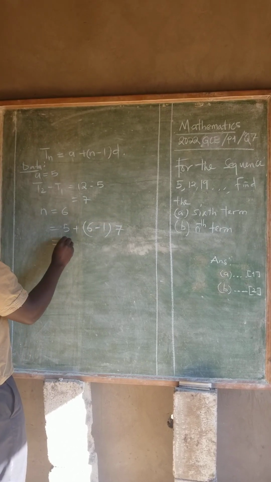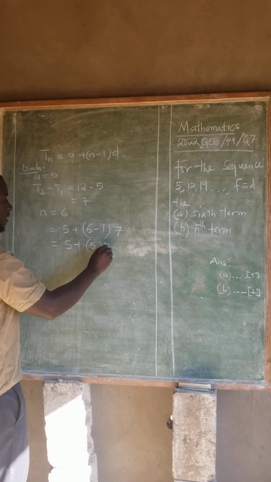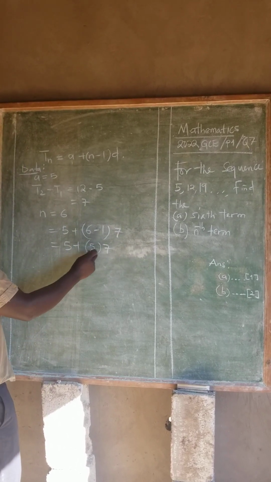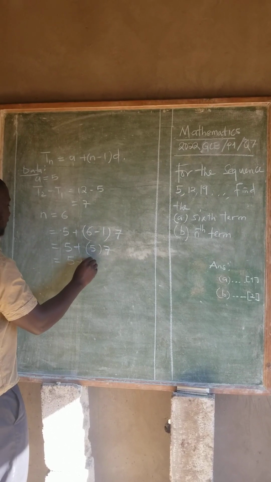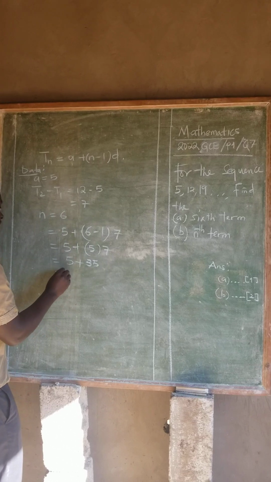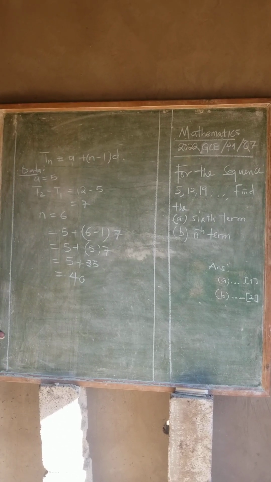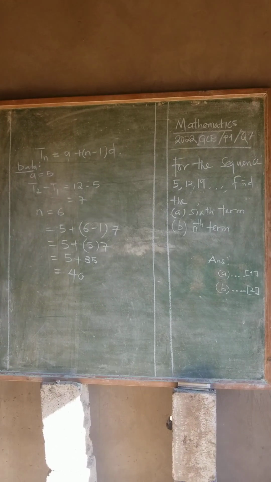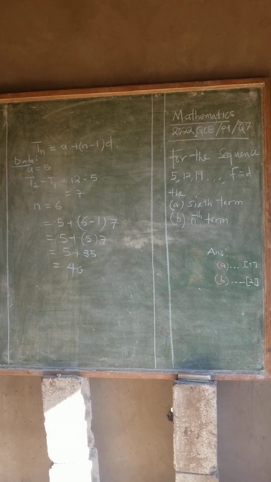You agree with me that this is going to be 59. BODMAS, you start with the brackets, so this is going to be 5 plus 413, which gives us 418. So 418 is going to be our 60th term in this AP.